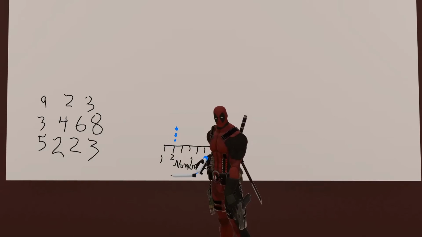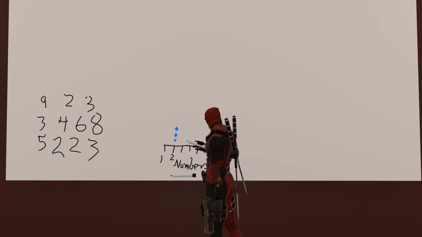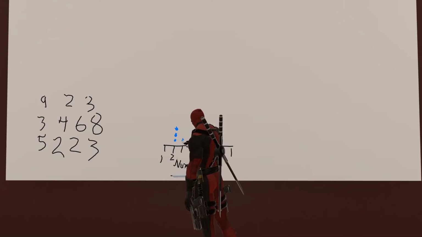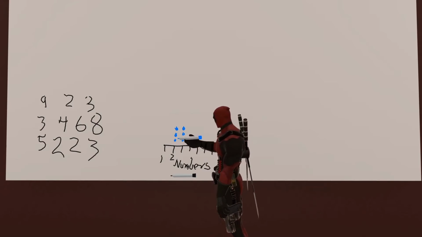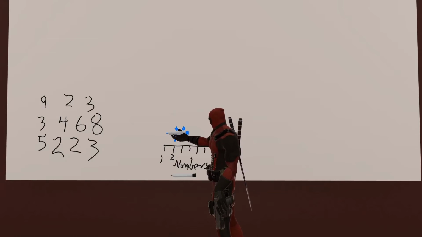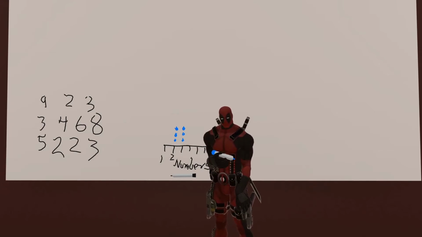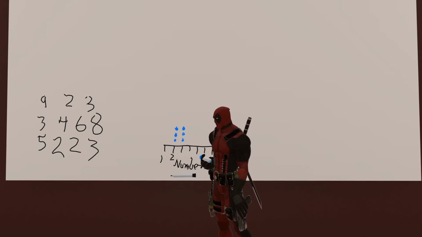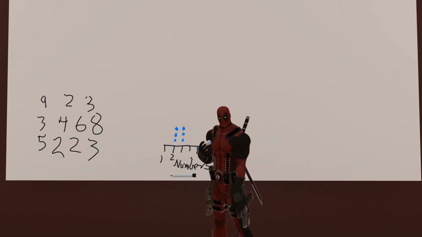Well, I have 3 3s. We're going to draw 3 dots. Now you'll notice that my dots are all in line. 1, 2, and 3. This is really important to make sure that you understand and can read what is happening here easily.